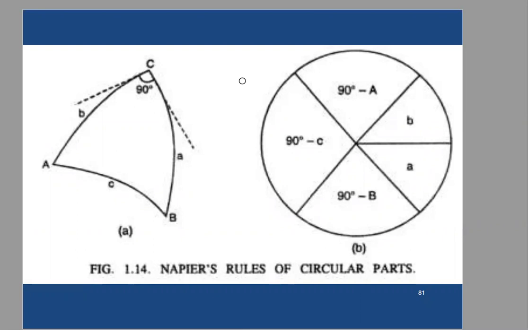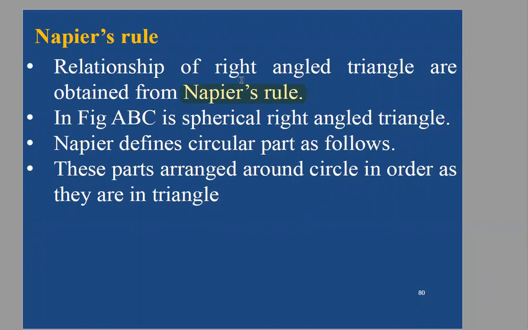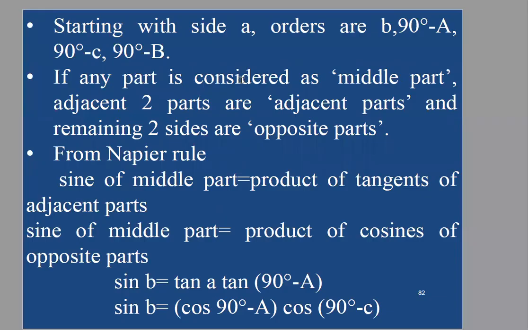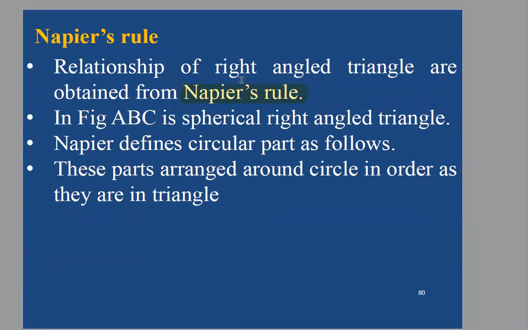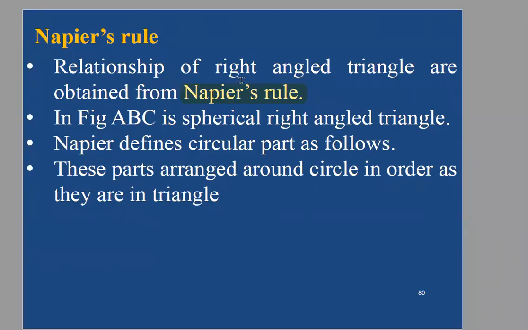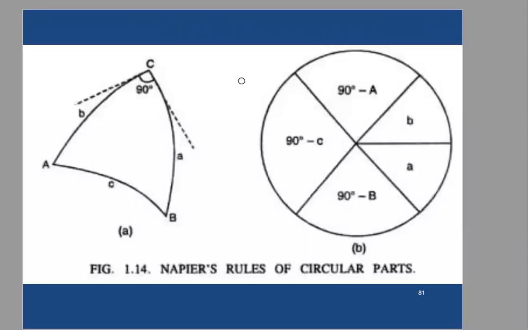This is a spherical right angle triangle, and these parts are arranged in a circle. So Napier defines the circular part as follows.